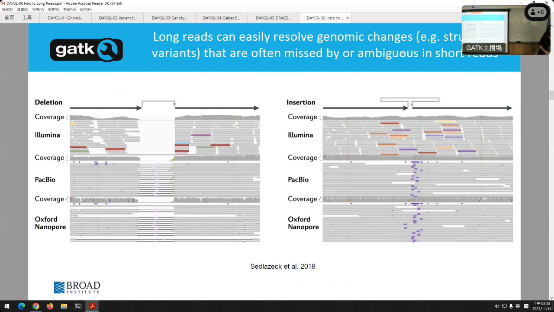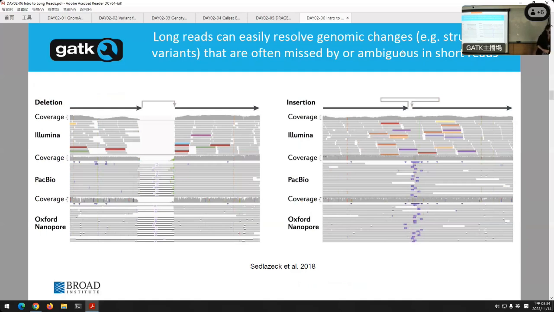So there is some signal there, but it is much easier to discover that it's actually an insertion, and find out exactly how long that insertion is and what its sequence is, if you're using long reads that are long enough to contain that full variant. So long reads make it a lot easier to detect a lot of types of structural variants.